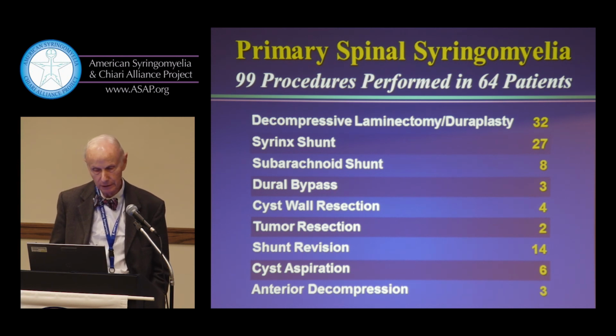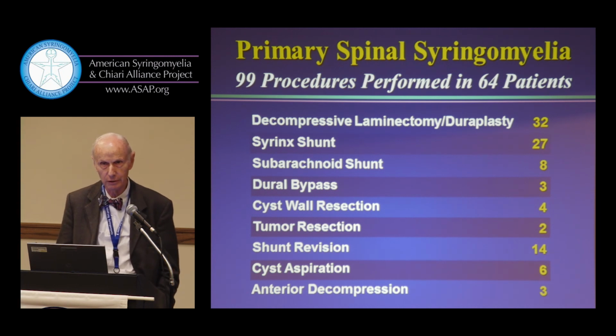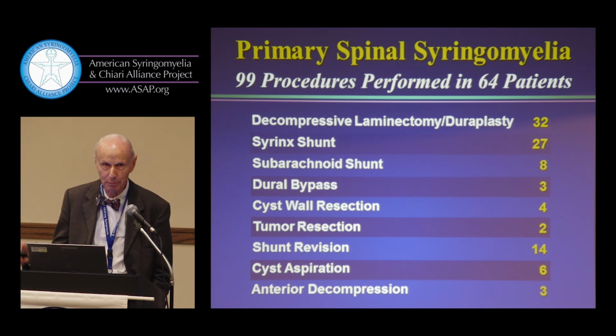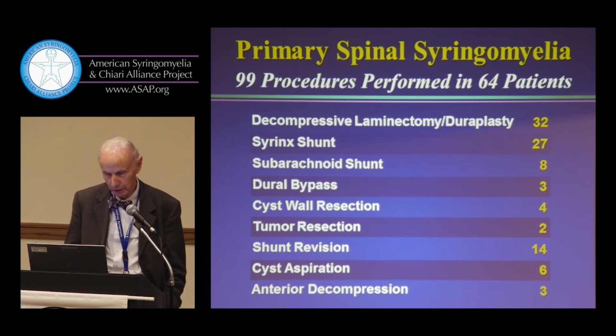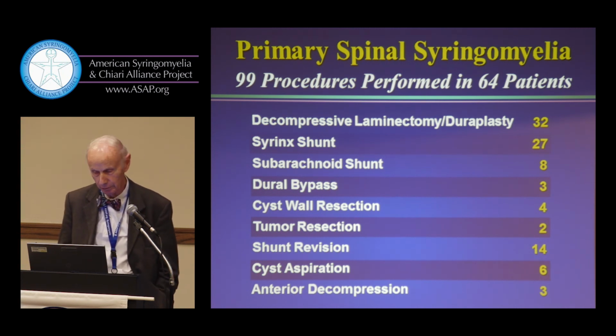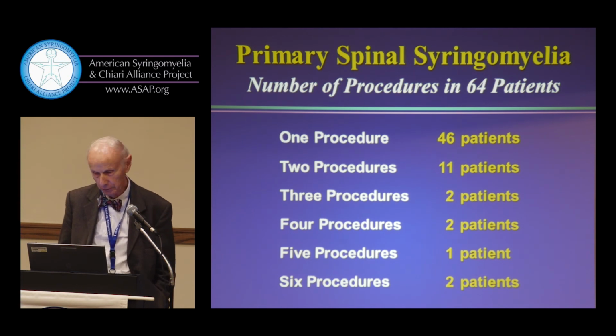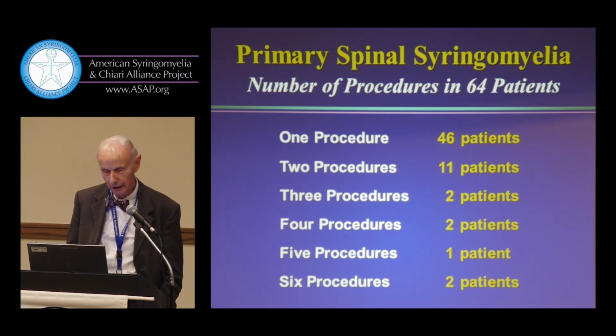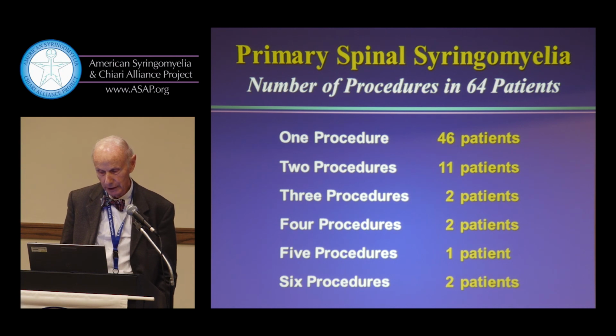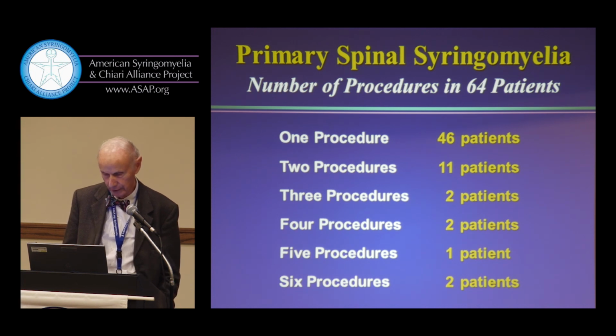We tried a number of other things, including a laminectomy with a dural graft to bypass an obstruction, but that, as you'll see in a moment, didn't work all that well either, although you would think it would work well. And so while the majority of patients had only one procedure, we had a not inconsiderable number of patients who had multiple procedures over a period of time.